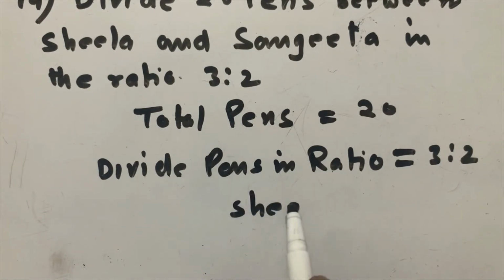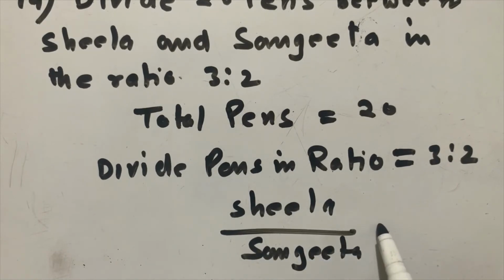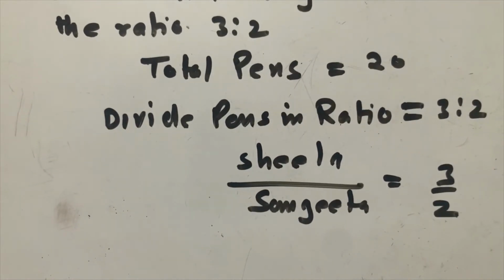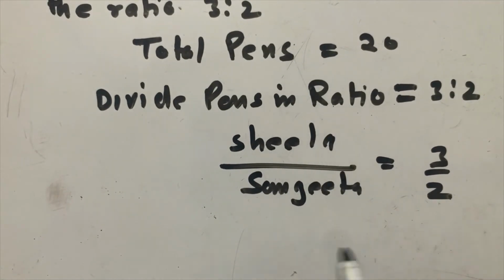Sheila and Sangeeta's ratio is 3:2 given, and total pence are 20.